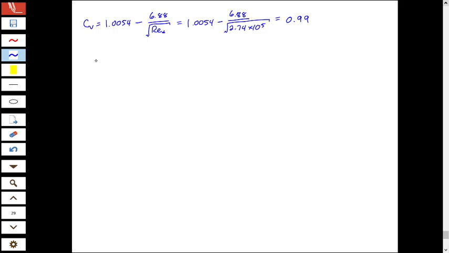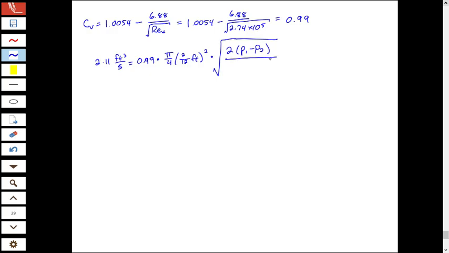So we have the volumetric flow rate equal to our coefficient, 0.99, times the area at the throat, there we have that, and then square root of 2 times our pressure difference, which we'll solve for as a group, and then we'll figure out each one of these individually later.